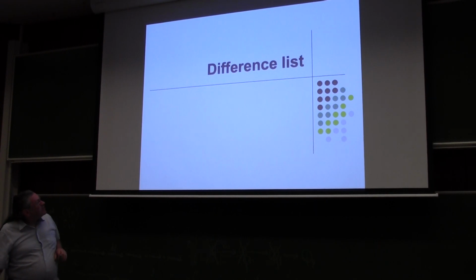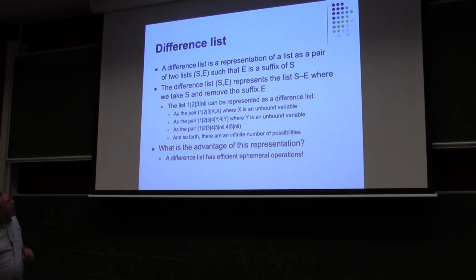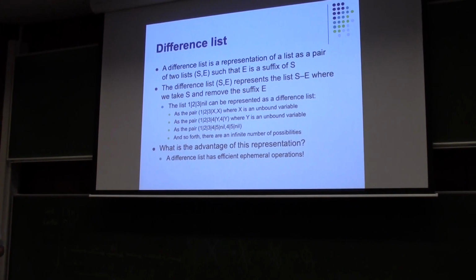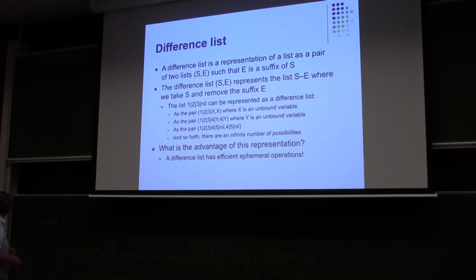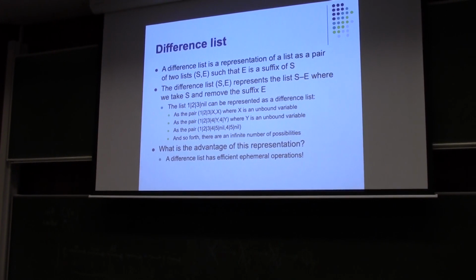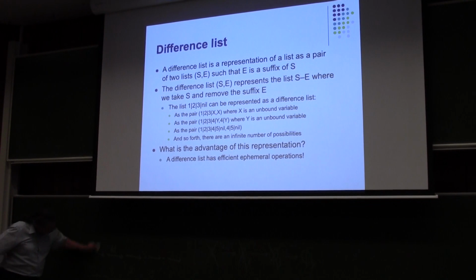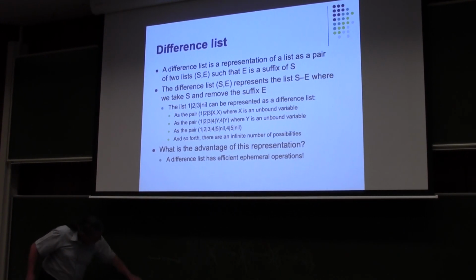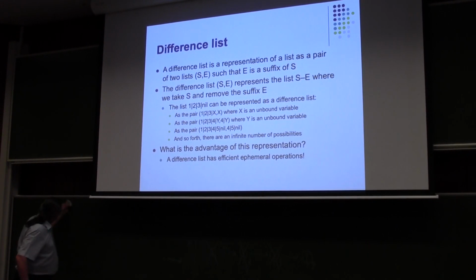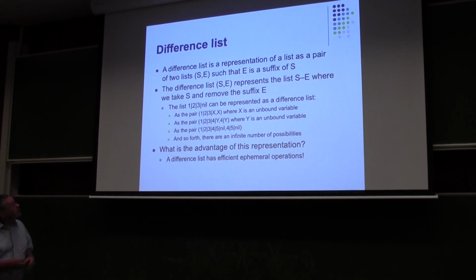So a difference list is a representation of a list. I'm representing a list as a pair of two lists. I'm going to show you examples of this. So what does that let you do?